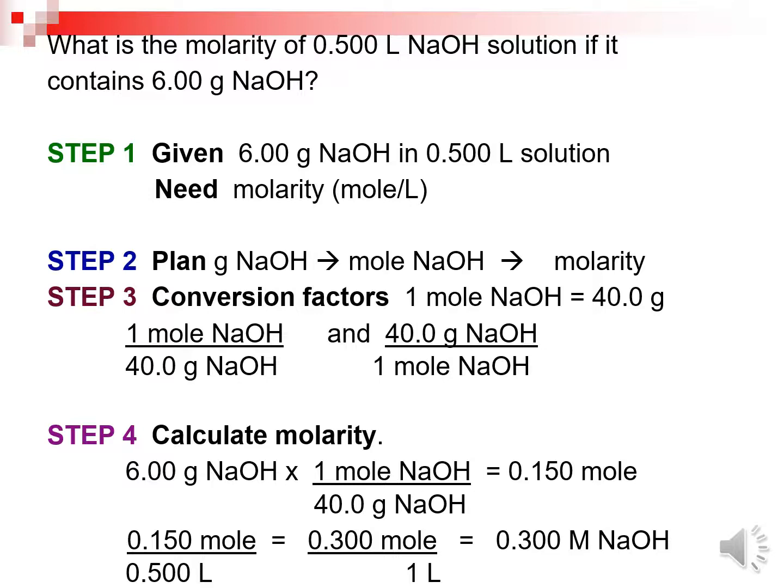So 0.15 moles over 0.5 liters is my moles over liters, which comes out to 0.300 moles over 1 liter, or 0.300 molar NaOH. So the molarity of half a liter with 6 grams of NaOH is 0.3 molar.